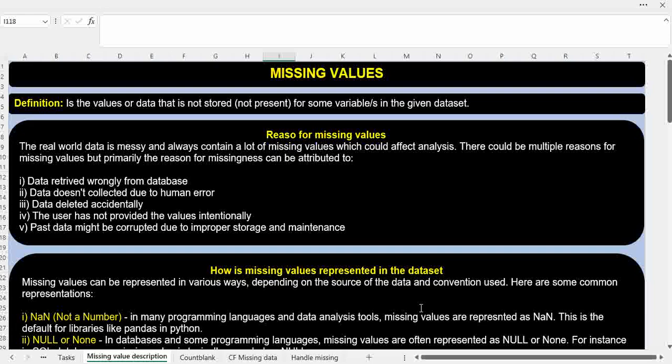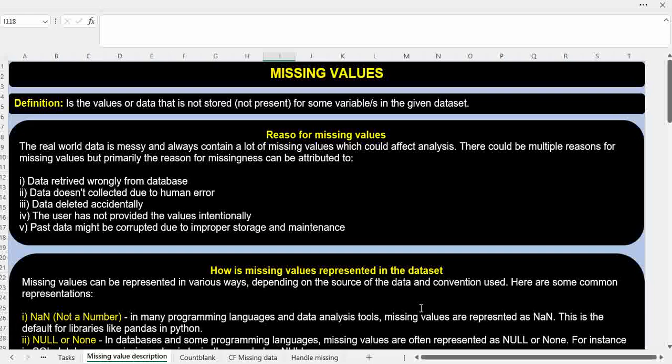So if you fail to put in the required value, you might have missing values because someone has overlooked it.